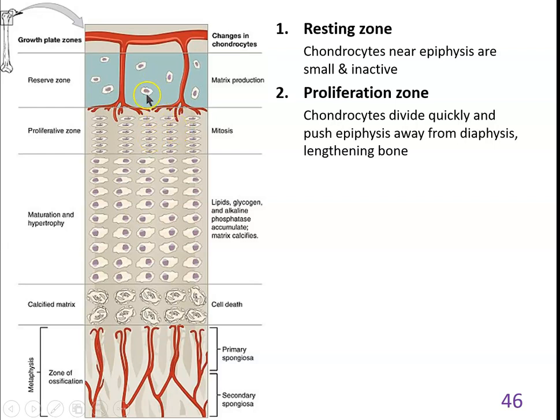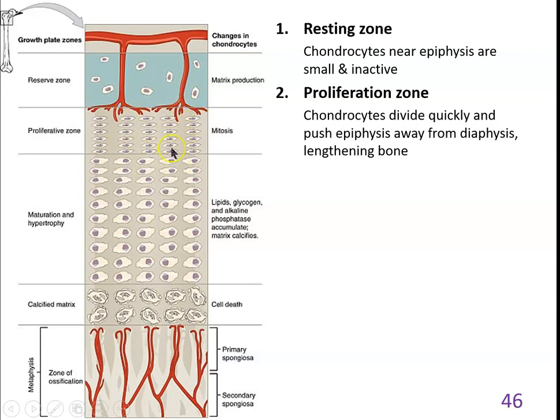And so they start dividing very quickly, and they line up so that their daughter cells are going to be on these 2 sides, and this one is going to have its daughter cells like that, and this is going to have its daughter cells like that. So they're not dividing randomly, they're not dividing horizontally, they're all dividing vertically. That happens very quickly, and you end up with these stacks of lacunae and chondrocytes.